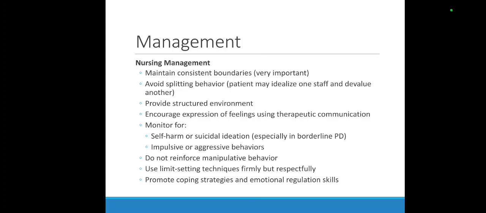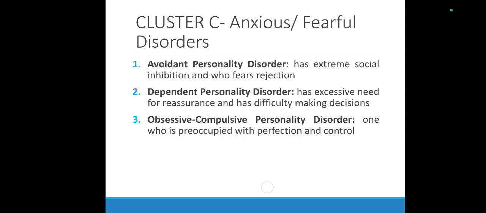Monitor for any self-harm or suicidal ideation, especially in borderline personality disorder. And monitor for any impulsive or aggressive behavior, especially in those with antisocial personality disorder. Do not reinforce manipulative behavior. Use limit-setting techniques firmly but respectfully, and promote coping strategies and emotional regulation skills.